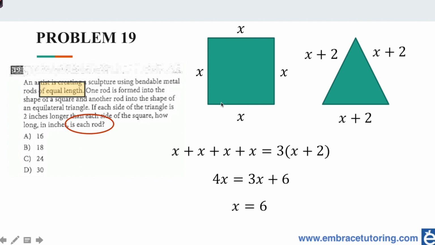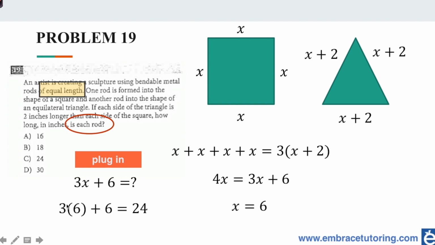So what I want to do is plug it into either my 4x or my x plus 2. And what hopefully you should see rather quickly is that with the 3x plus 6, plugging in my x here, I will get 3 times 6 plus 6 equals 24, which also works if I were to plug it in here for my square. For my square, 4 times x equals 24, so 24 will be my answer, making C the answer to number 19.